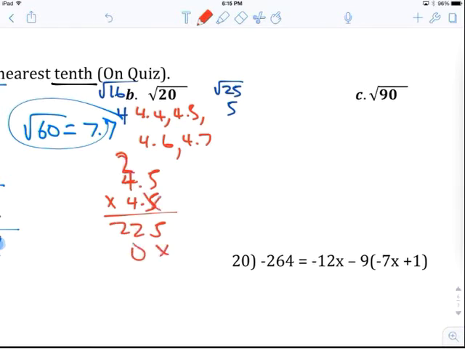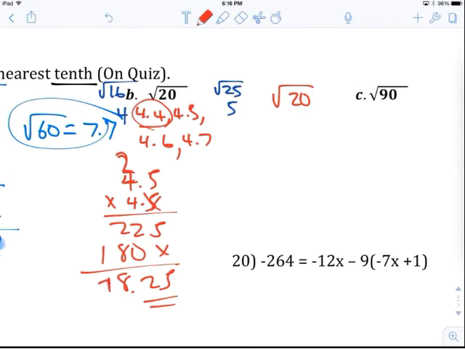Carry 2. Is this much over? So the square root of 20 is most likely 4.5, but let's check. It went over, so I'm going to check 4.4. Went over by 25.